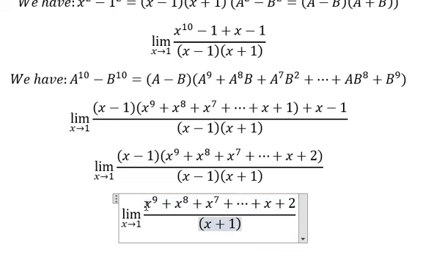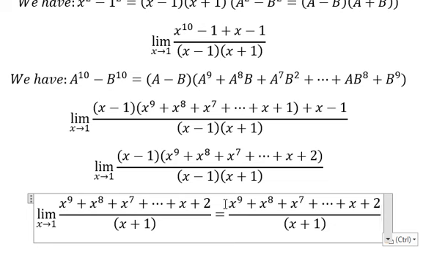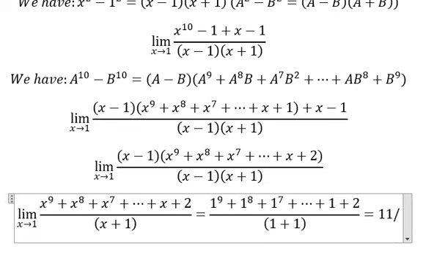So I will put number 1 go here, number 1 go here. And we have 1 over number 2.